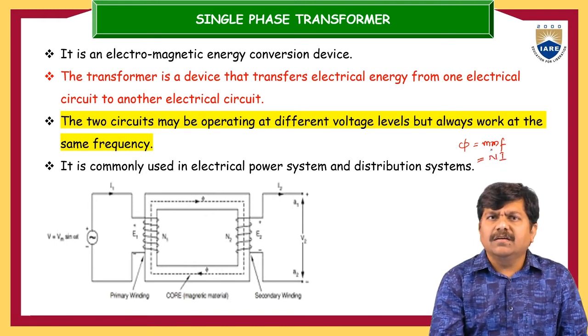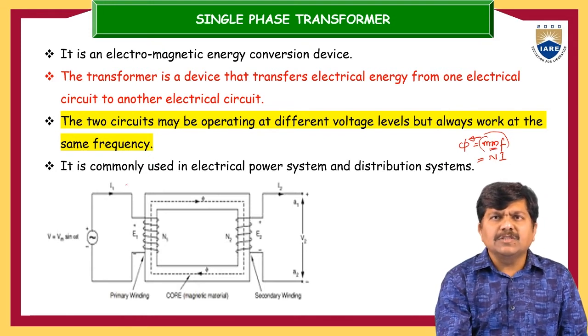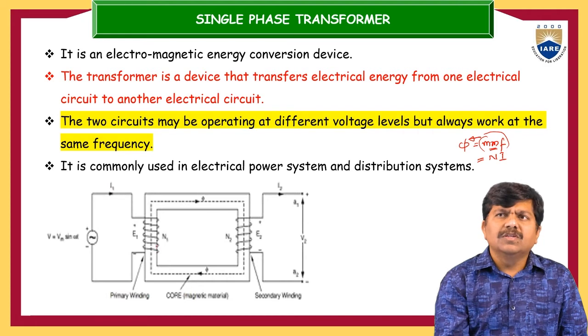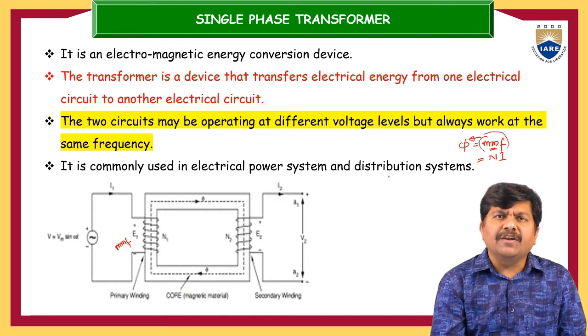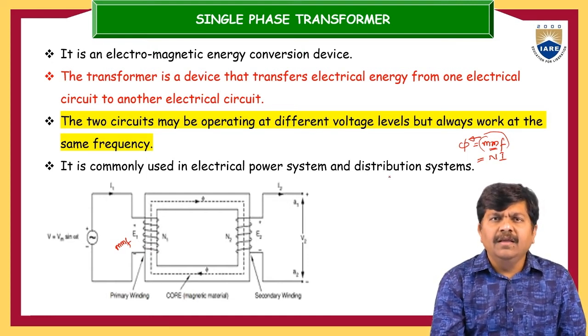It gives us how much magnetomotive force will be generated, and this magnetomotive force is capable of driving some amount of flux. The reason for this magnetomotive force is the number of turns and current. This current is passing through this many number of turns, so definitely there exists MMF across the primary winding. Magnetomotive force is just like voltage or induced EMF in the electrical field.